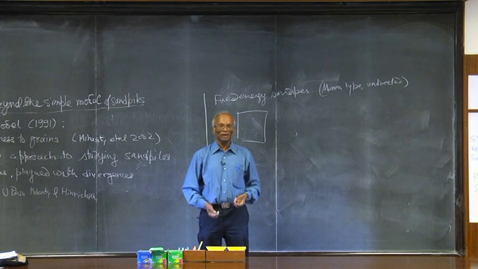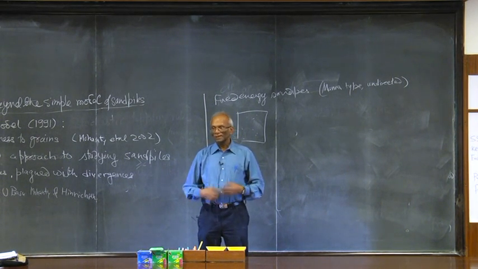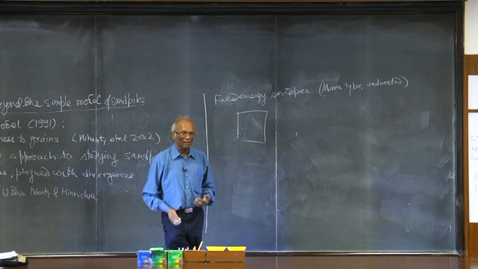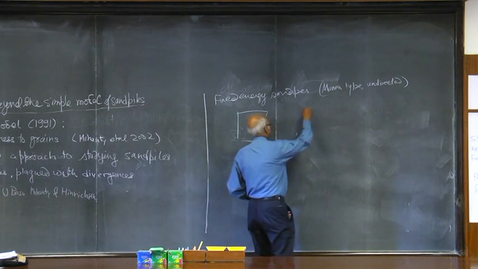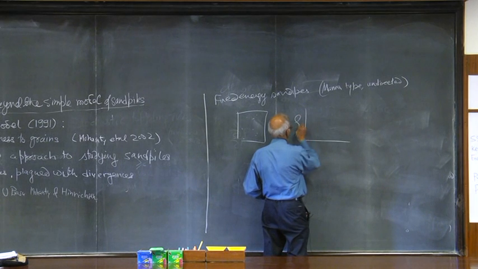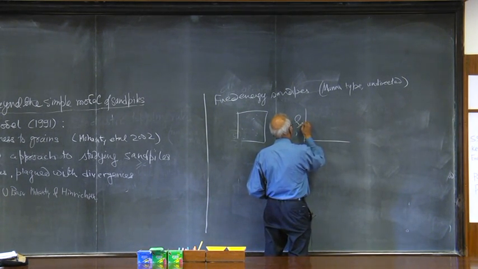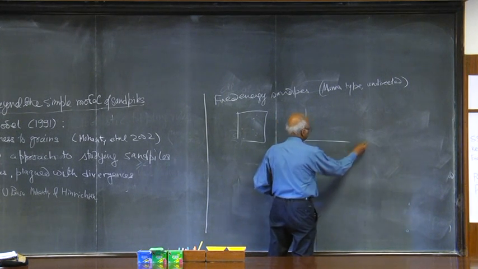Then you go to even higher density, and at some density you find that the activity keeps on going. So, you expect something like this: activity as a function of time.